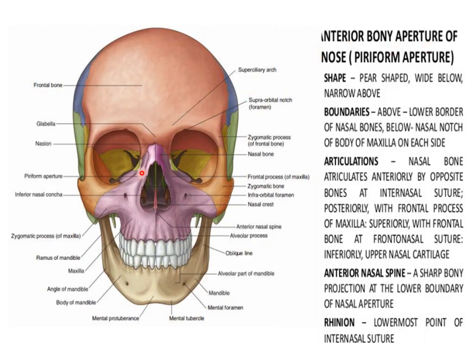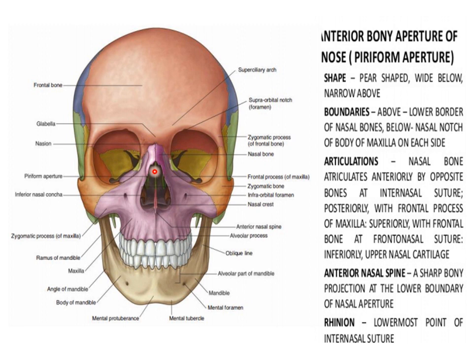The anterior bony aperture of the nose is also known as the pyriform aperture. It is a prominent feature of the mid face. The shape of the anterior nasal aperture is pear shaped, wide below and narrow above. Okay, what are the boundaries of the anterior nasal aperture?